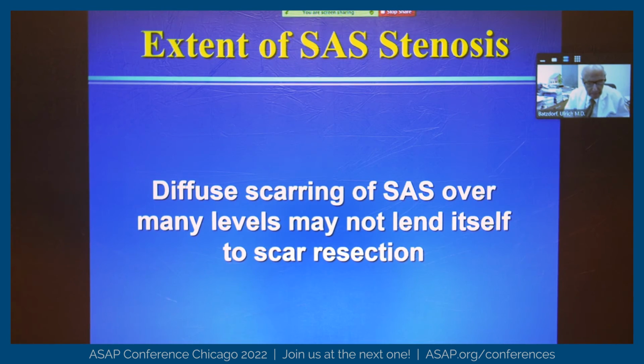Next. Diffuse scarring in the subarachnoid space, such as may occur following meningitis or a hemorrhage, may not lend itself to resection of a scar such as I've shown.